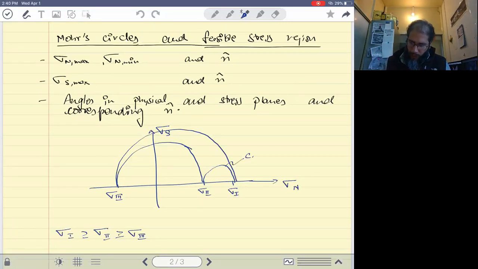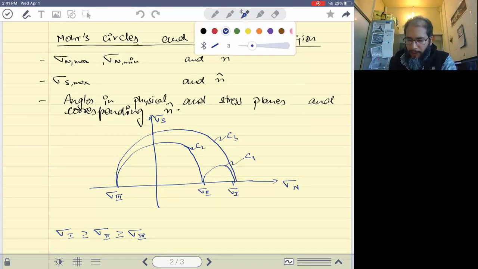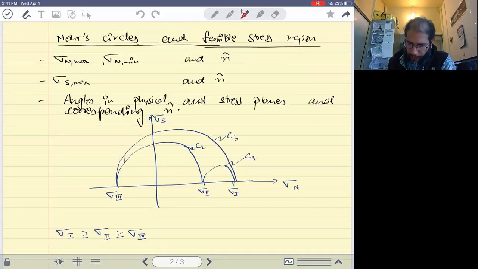So we have C1, C2, and C3 as the three Mohr's circles. Right. So the feasible stress region, as we had shown earlier, is this region.